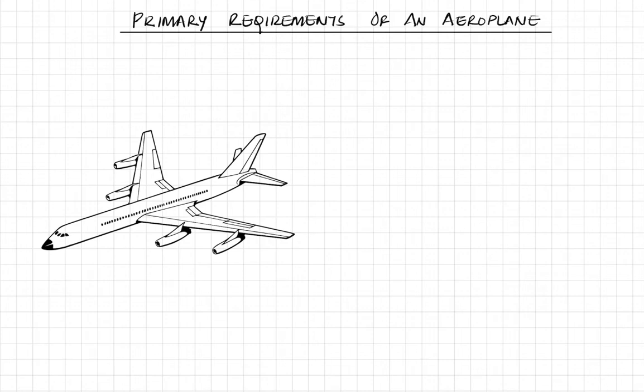The first requirement is called lift, and fundamentally, lift is required to counteract the aeroplane's weight. Simply put, the lift is pulling the aeroplane's weight and enabling it to fly in the air. The component that generates lift is called a wing.